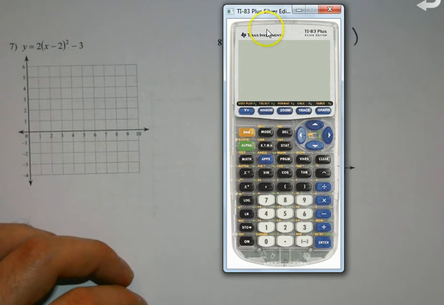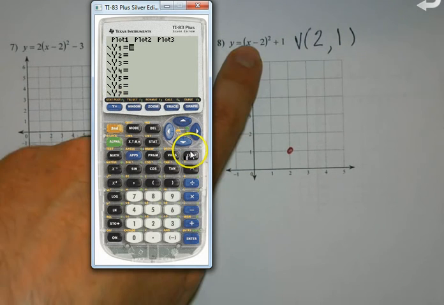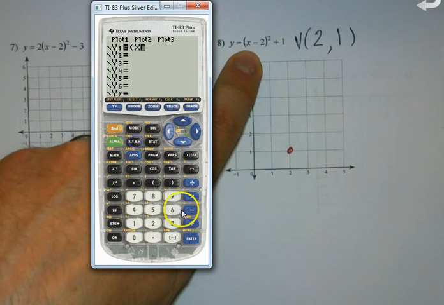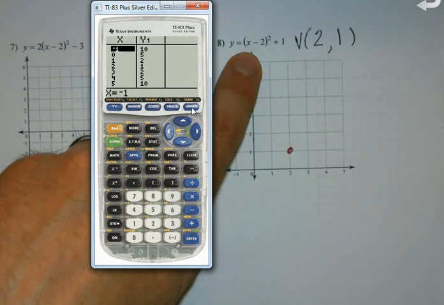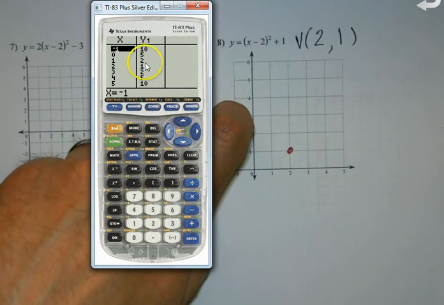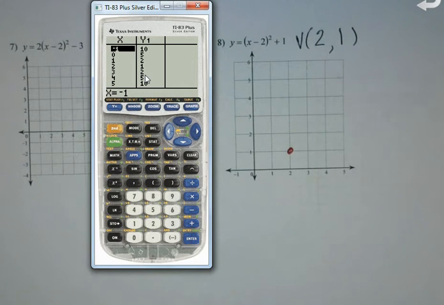No. If you've got your vertex, and you get this one into y equals, x minus 2 squared plus 1, and go to my table, as long as 2 is in the middle, I see the symmetry, okay? The numbers above and below should continue to keep being the same all the way out.